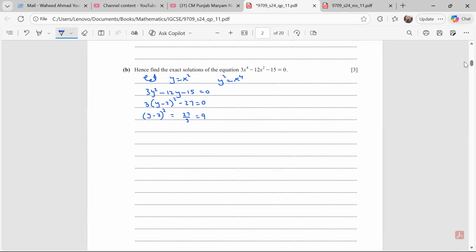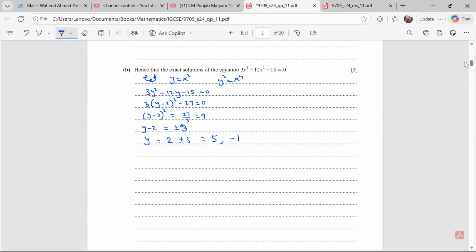And when I take square root on both sides, it will become y minus 2, and the right side will become plus minus root 9, plus minus 3, right? So y is equal to, this 2 will come plus 2 plus minus 3, which means 2 plus 3, 5, or 2 minus 3 is minus 1. These are the two answers I get.